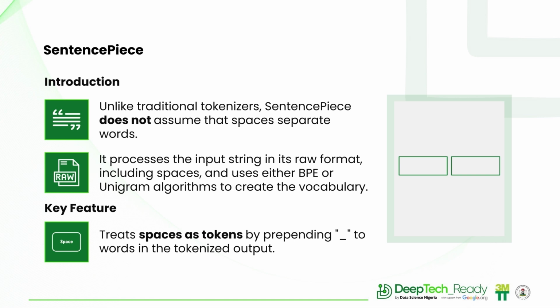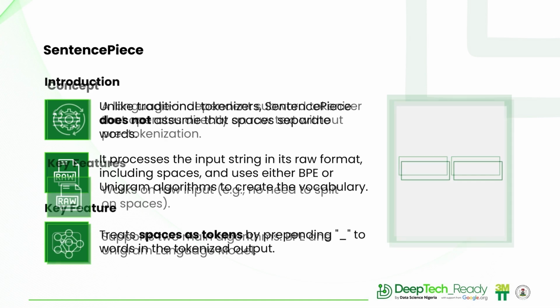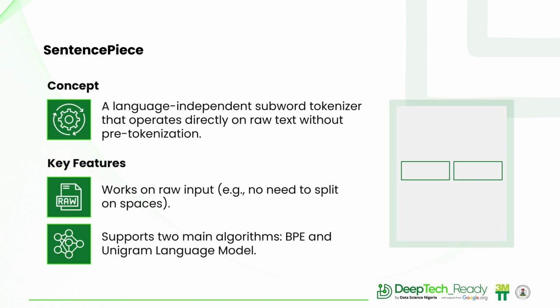So the key concept is that it is a language-independent subword tokenizer that works directly on raw text. This means it does not require any pre-tokenization like splitting on spaces. This makes it particularly useful for multilingual tasks where language-specific preprocessing might be a challenge.